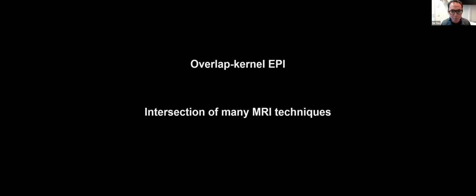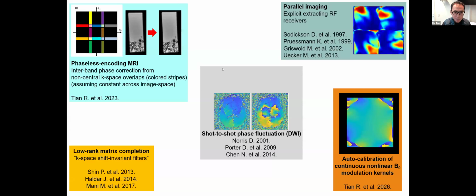So our proposed overlap kernel EPI is actually an intersection of many MRI techniques. If you have a big picture here, at the end, our goal is to estimate explicitly these shot-to-shot phase fluctuations. On the left corner, there was a phaseless encoding MRI I worked on for multishot EPI, where I estimate inter-shot phase calibration from the non-central k-space overlaps so that you can correct some inter-shot artifacts.